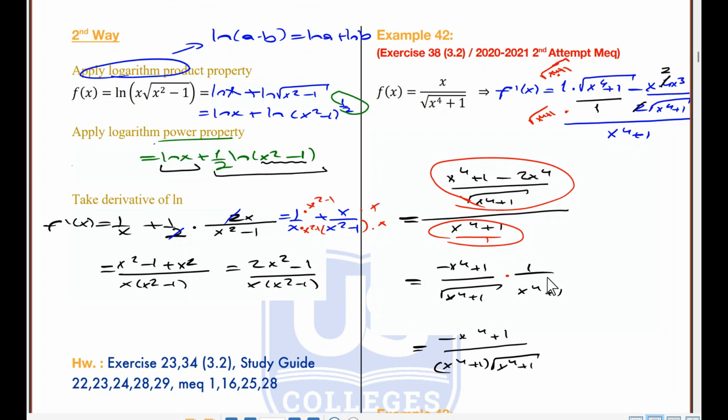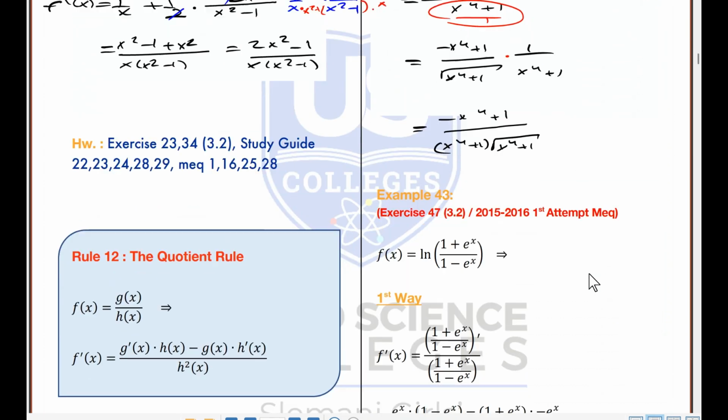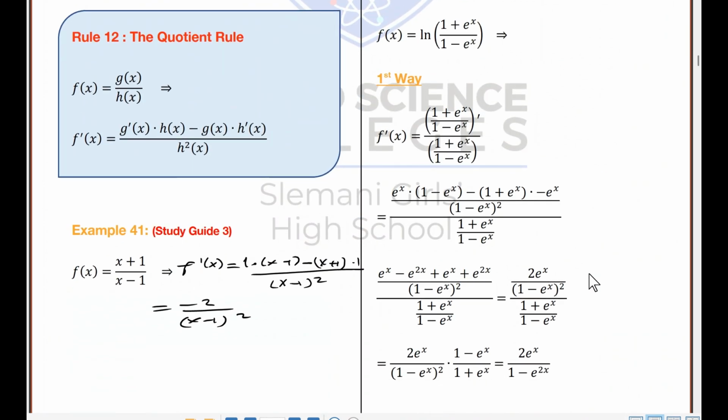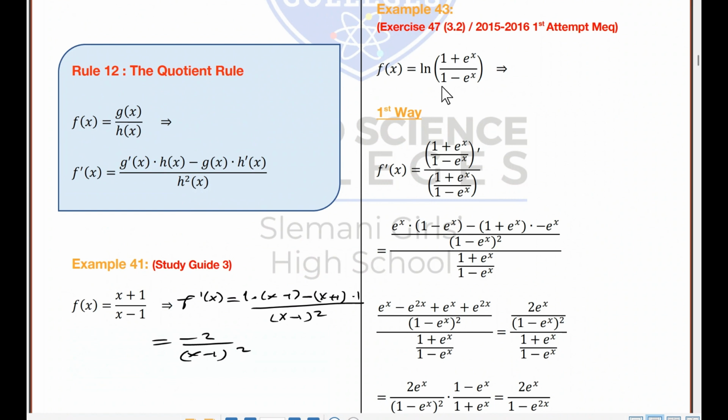So another nice and challenging question that students may have difficulties with is this. It involves division and natural logarithm. It's an exercise question and it's also a mystery question. There are two methods as in the previous natural logarithm question.